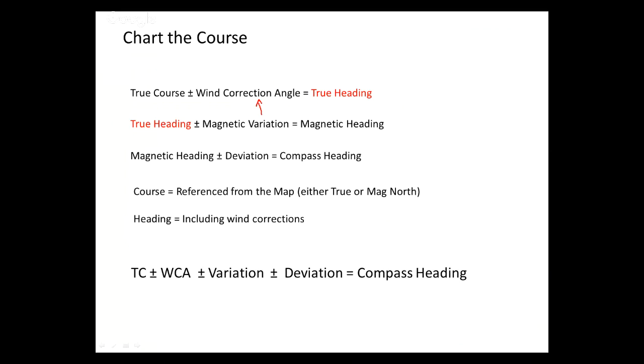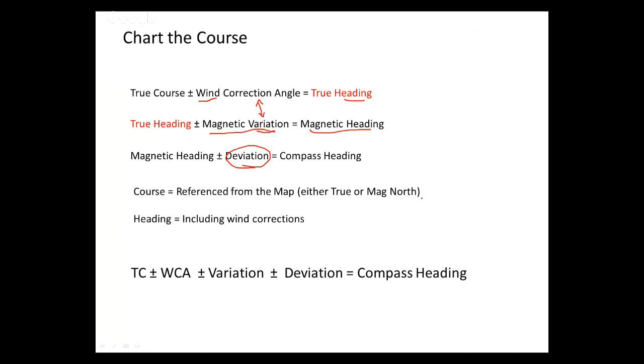Either apply your wind correction angle first and get a true heading, or apply your magnetic variation first and get a magnetic course. Either way, once you've factored in your wind, you've got a heading. And then once you've factored in your variation, you've got a magnetic heading. And then, of course, we can't forget about deviation.